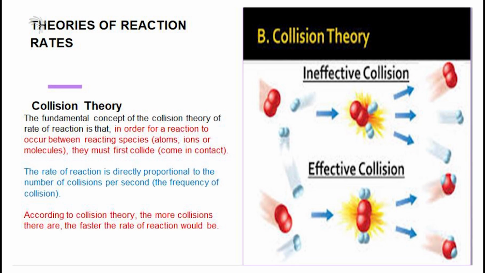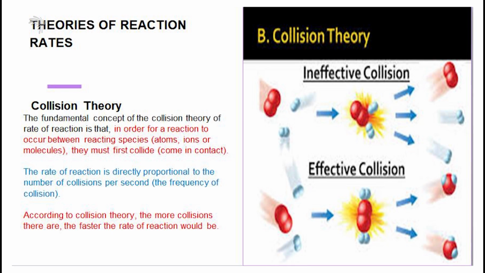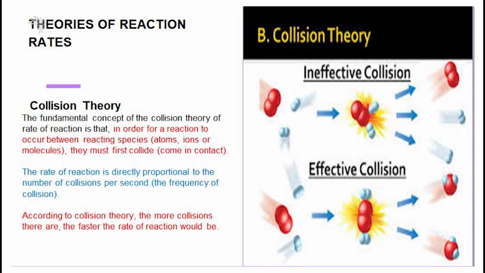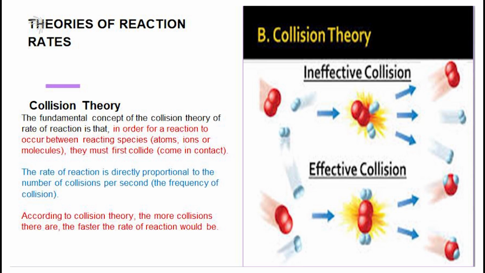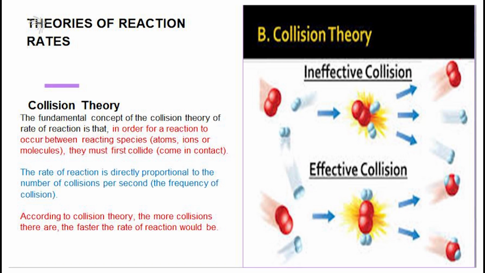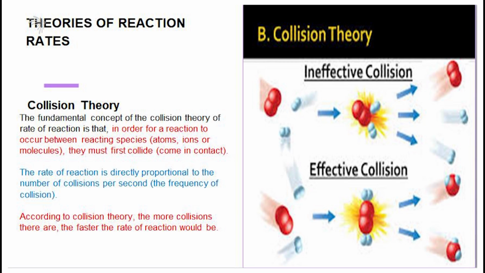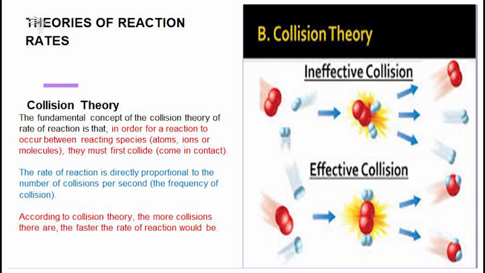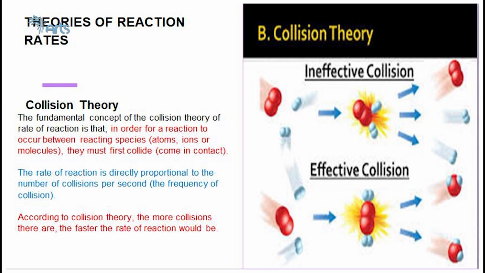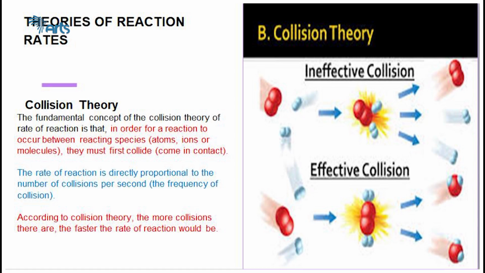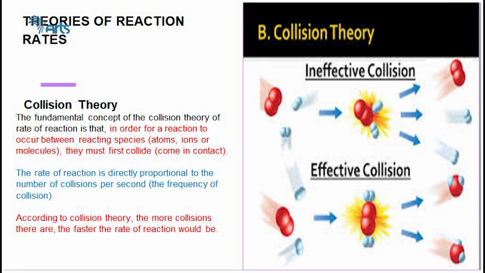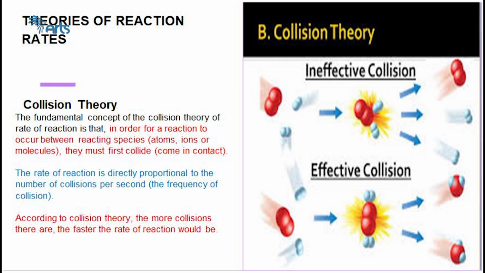So before any chemical reaction takes place, the atoms that are found in both reactants, namely reactant A and reactant B, must collide with each other. This is the reason why such a theory is simply referred to as collision theory. The term collision, as you know, has something to do with colliding.